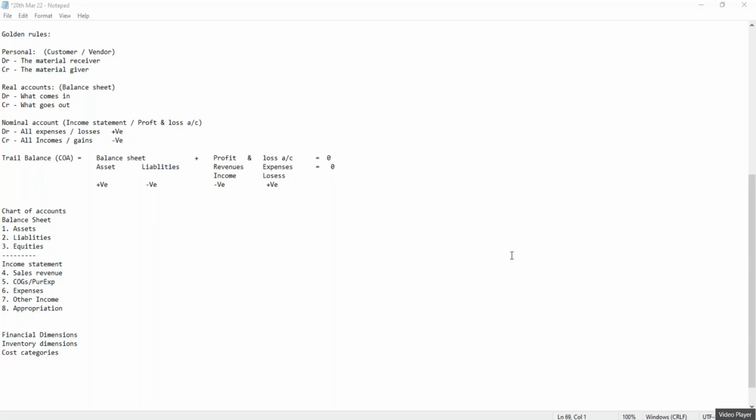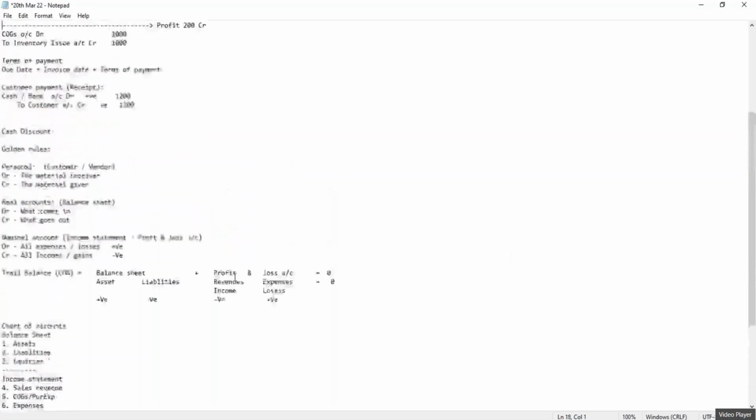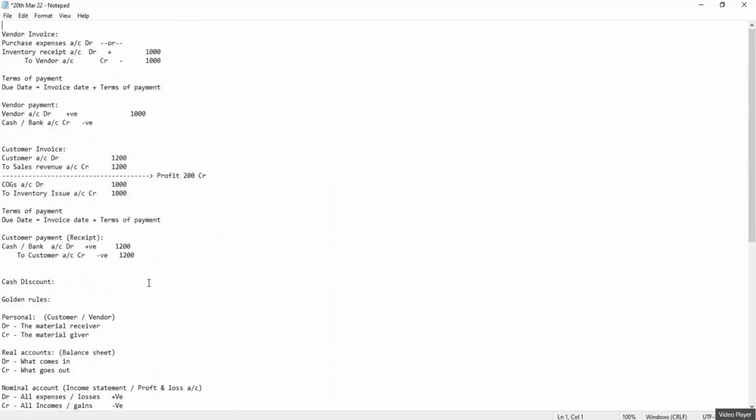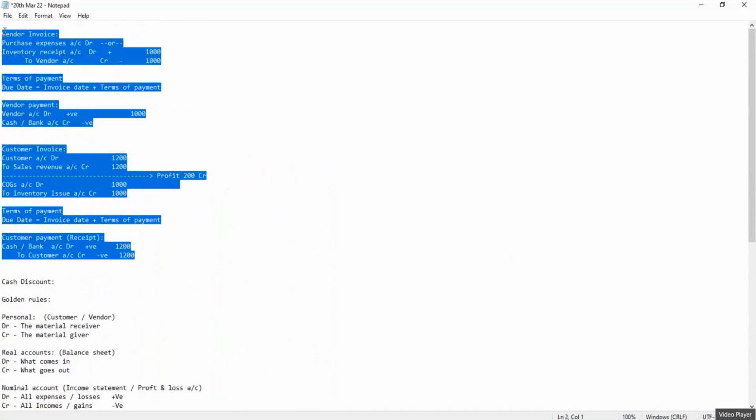If you are doing some personal work on weekends, you can play that one. Only you need to practice these 4 transactions. That's it. Remaining all, don't look at that.